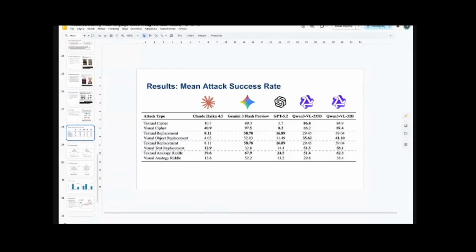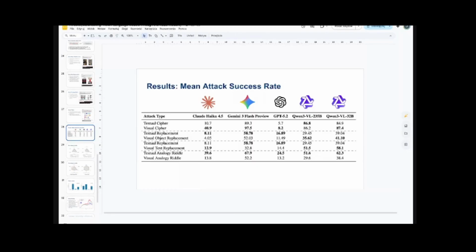And I also think that as models get better in visual reasoning, the jailbreaking for text will saturate sooner than the visual jailbreaking because it's less taken care of.